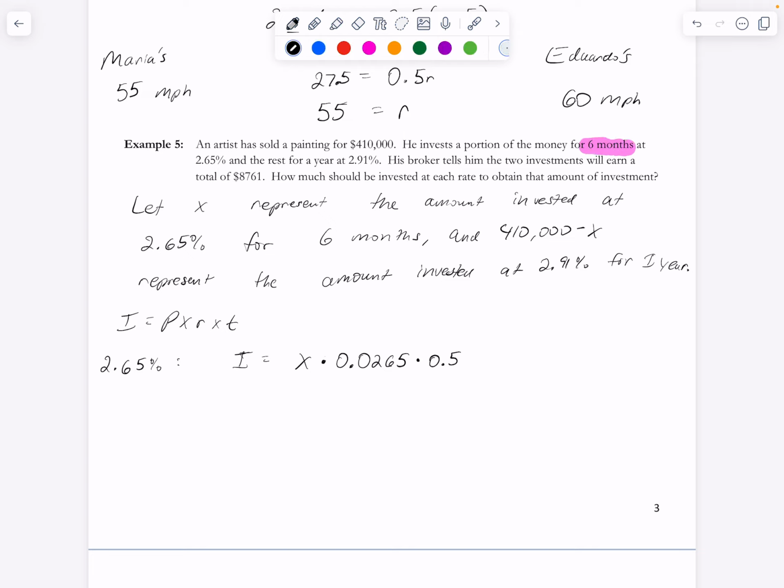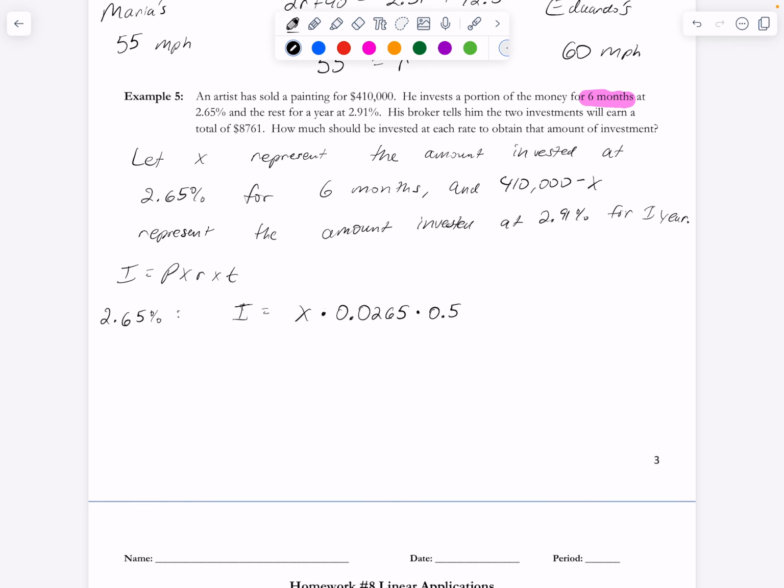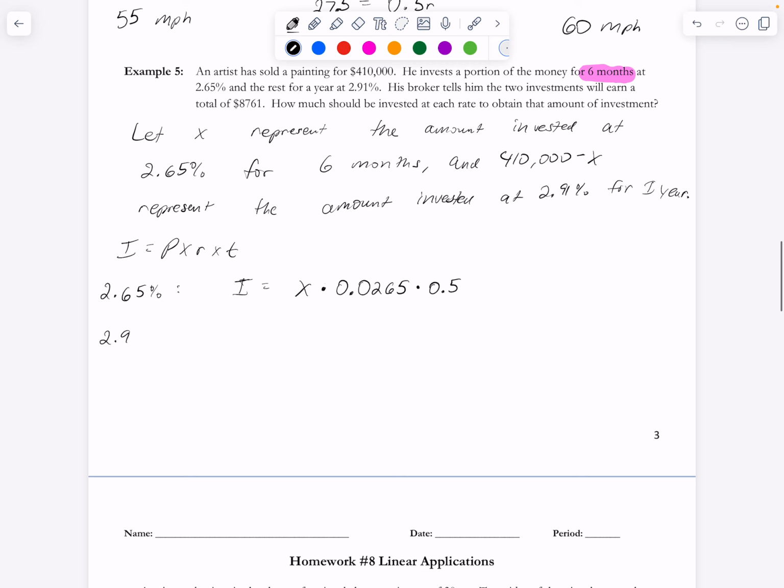Okay, so that's why I use 0.5. Whatever that is, that's going to be our simple interest. For the 2.91% simple interest, we're multiplying 410,000 minus X, right? That's our principal, how much we're investing, times the rate of 0.0291. And then this was just times 1 because we're doing 1 year in that investment.